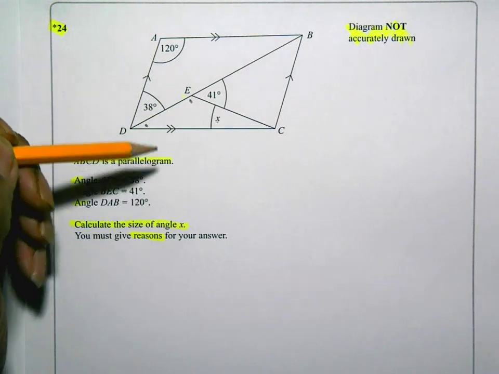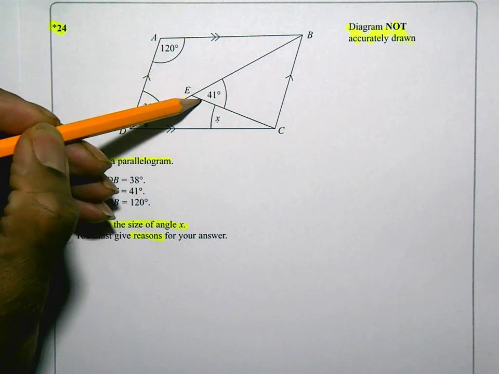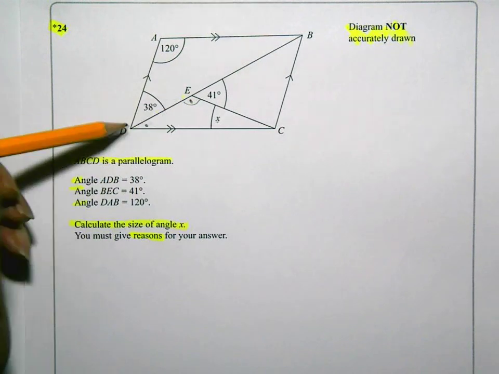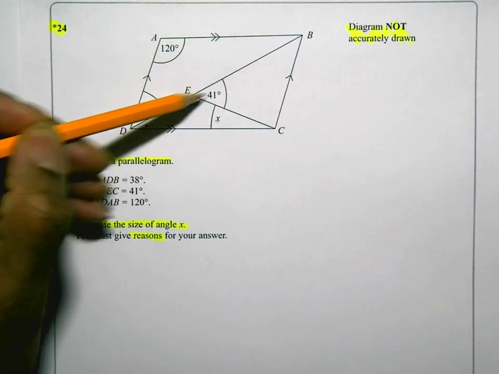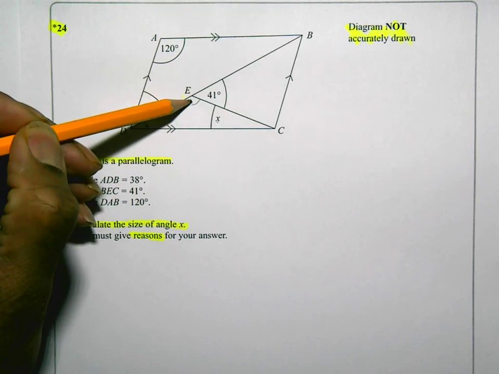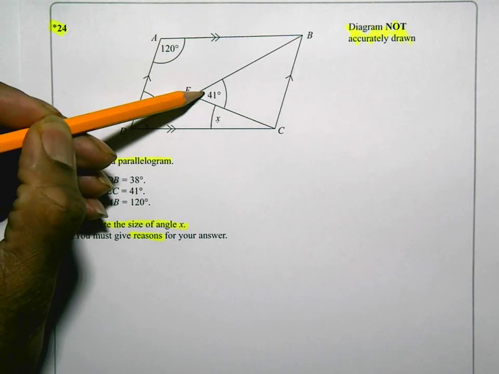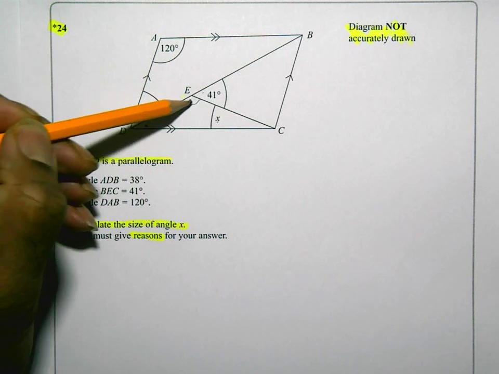To find this angle over here, DEC, this angle here and 41 degrees would add to 180 degrees, so I could work that out pretty easily.